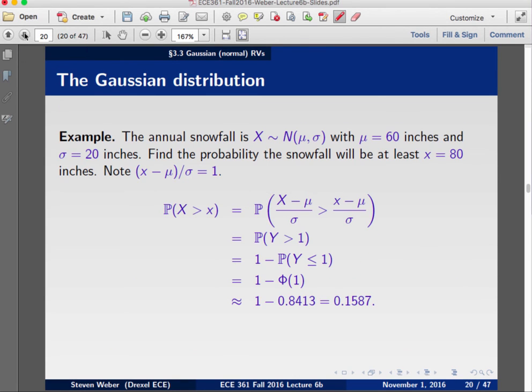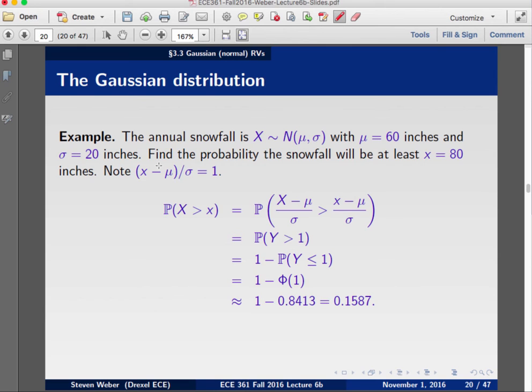Let's do an example. Let's suppose that x represents the annual snowfall in inches over a given season. We are given these parameters mu and sigma, where mu equals 60 and sigma equals 20. In other words, the typical season has a mean of 60 inches and there's a standard deviation of 20 inches.